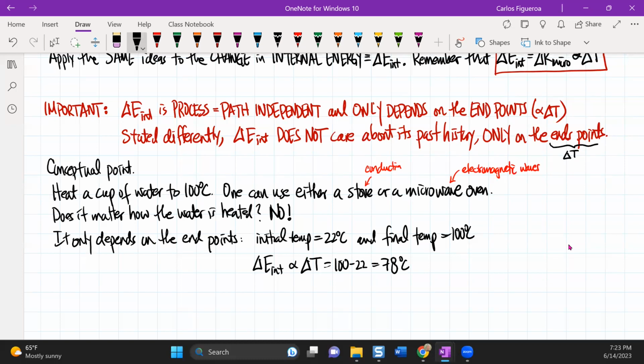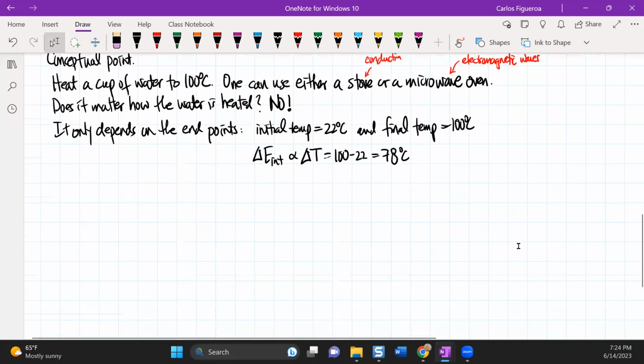It didn't matter how I got there. All I care about is the endpoints.